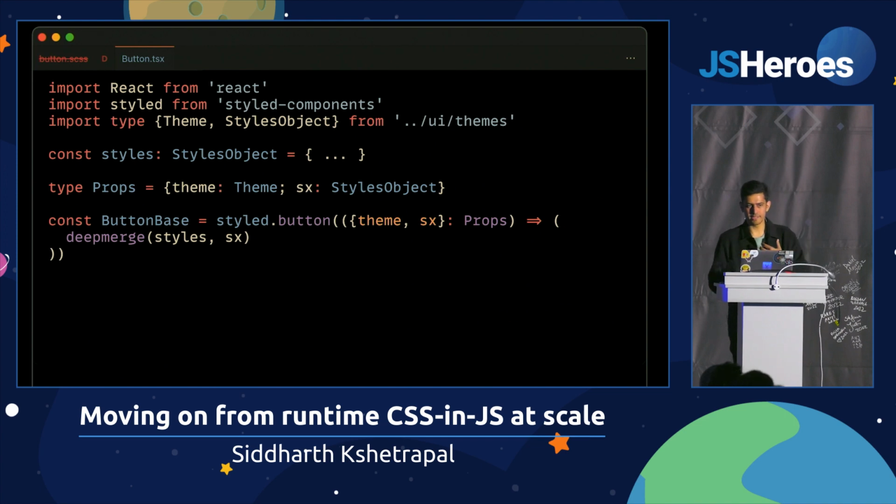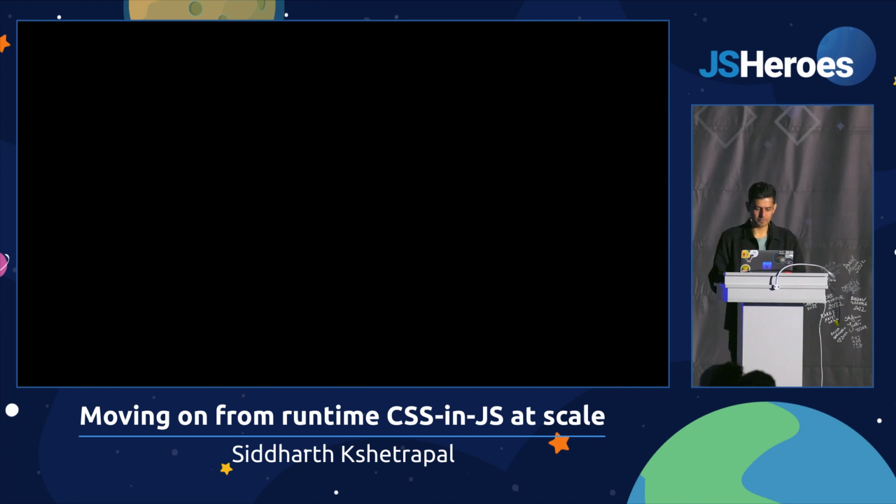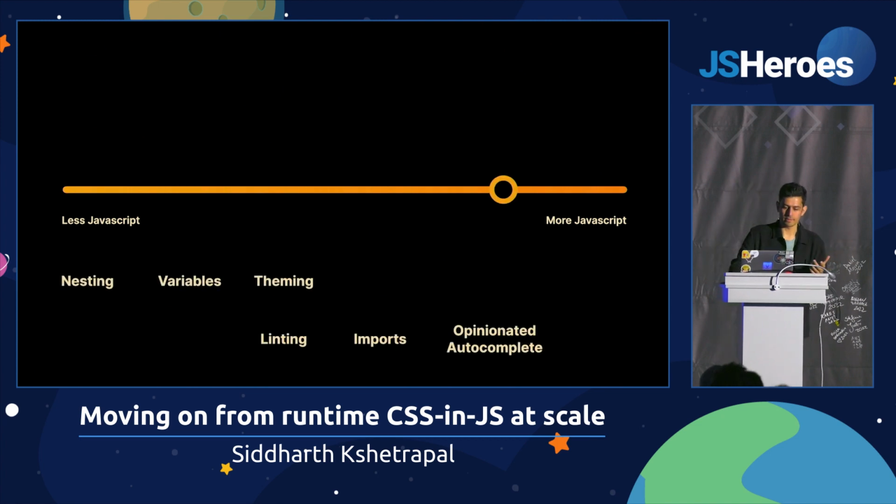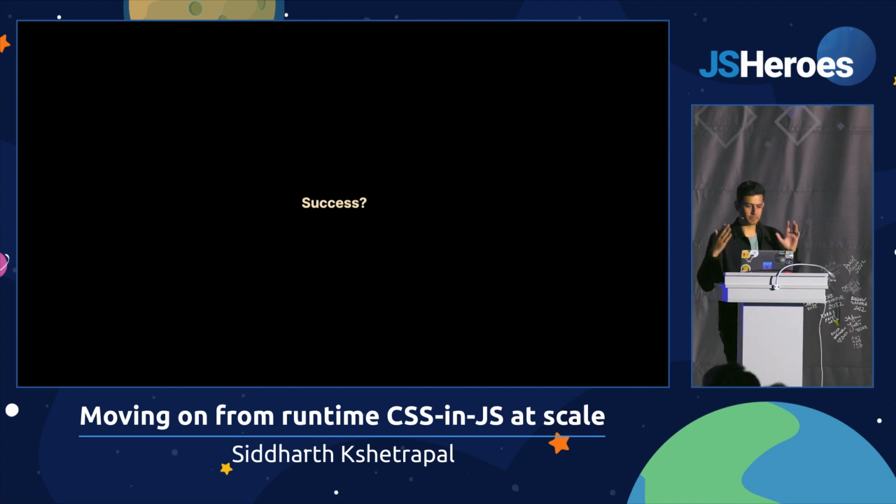So you get all the validations, you get linting, you get autocomplete, and both of these get merged. So we've gone from less JavaScript to a lot more JavaScript, but we've got a lot of features along the way, like nesting, variables, theming, linting, the imports, and we've got a really opinionated autocomplete that I really like. So sounds like a success, right?